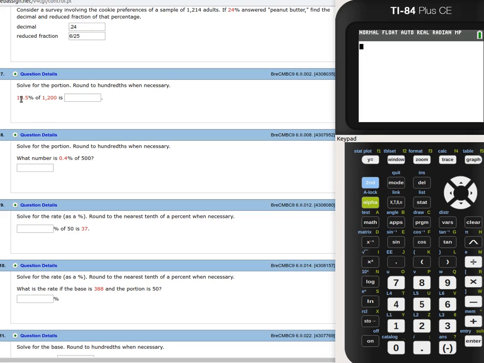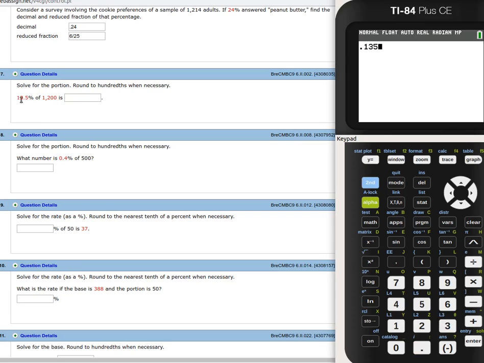So what we want to do is 13.5% times 1200, but you can't really multiply percent times a number. We need this percent first to be a decimal. So the first step will be to convert this percent to a decimal. And if you remember the previous problems, we'll do that by moving this decimal place 2 places to the left, once, twice. So it will go in front of the 1. So this number is 0.135.